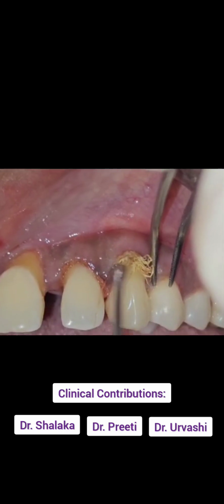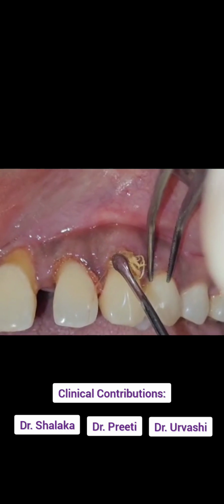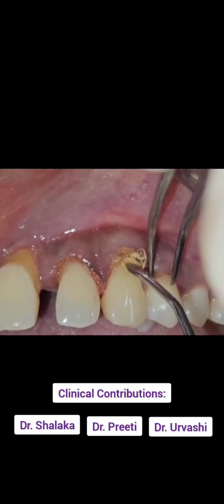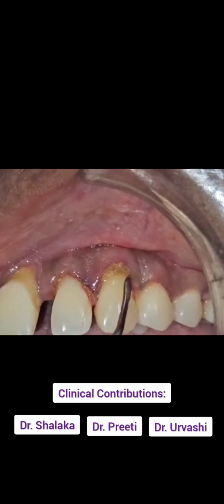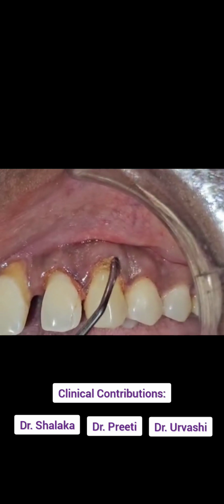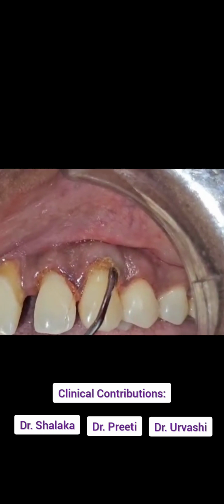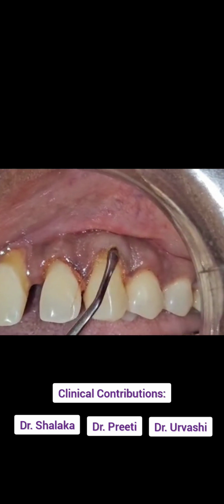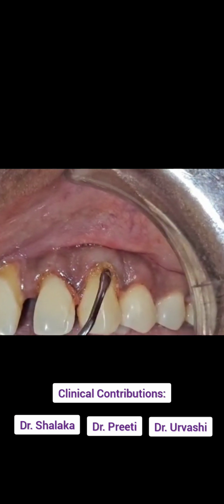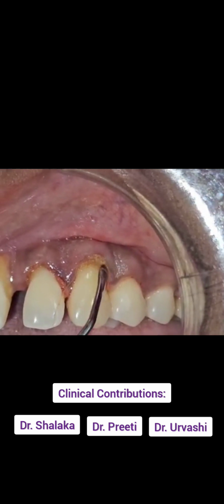This treatment is used as an adjunct to scaling and root planing. The phase 1 therapy has already been done in the previous appointment, and now after adequate root planing, the local drug delivery is being carried out into the periodontal pocket. As discussed in the theory, it is not recommended to be used as monotherapy but as an adjunct to scaling and root planing.